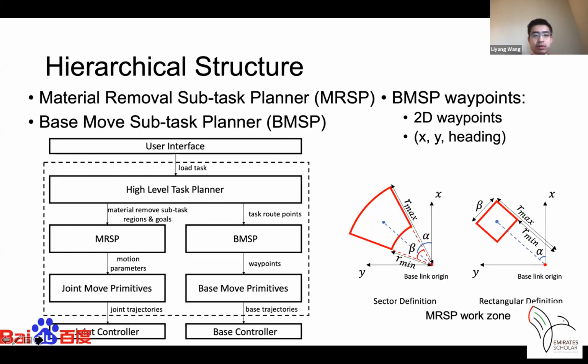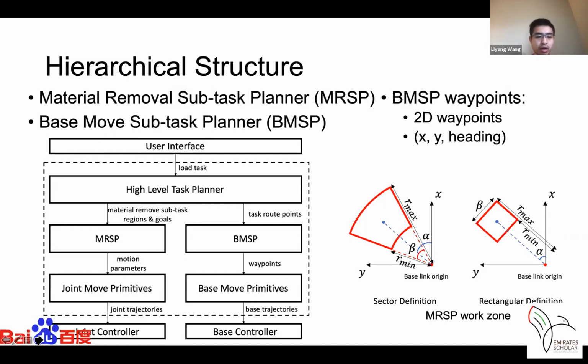So it can first determine if this task needs to move the base. If it has to move the base, it can plan task route points, which means the excavator should stop at different places. And then it plans the material removal subtask, which is MRSP, which gives the task regions and goals.